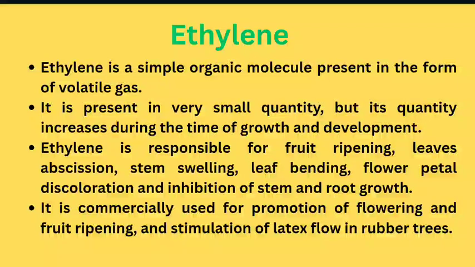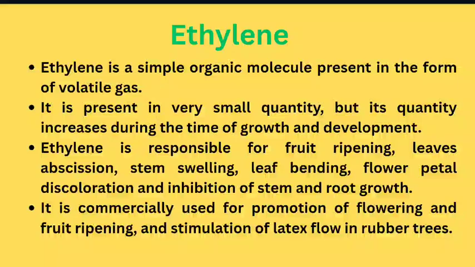Ethylene is responsible for fruit ripening, leaf abscission, stem swelling, leaf bending, flower petal discoloration, and inhibition of stem and root growth. And it is commercially used for promotion of flowering and fruit ripening and stimulation of latex flow in the rubber tree.